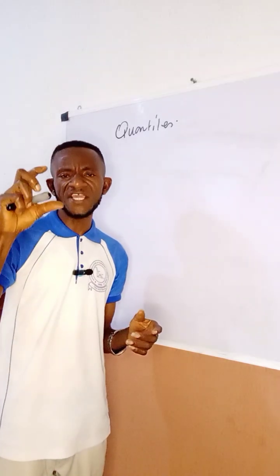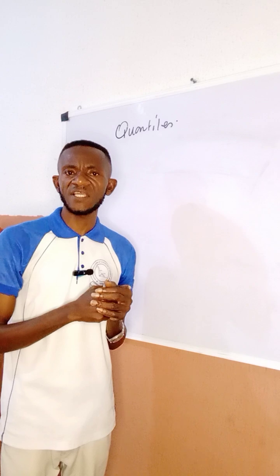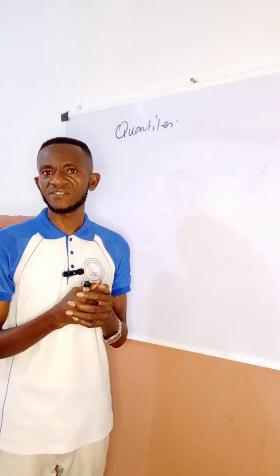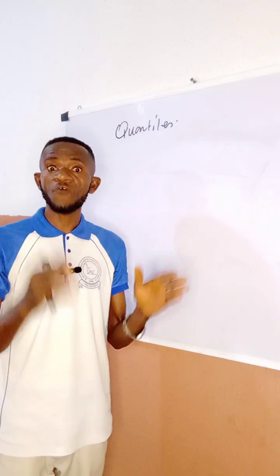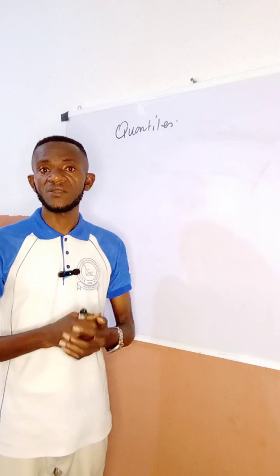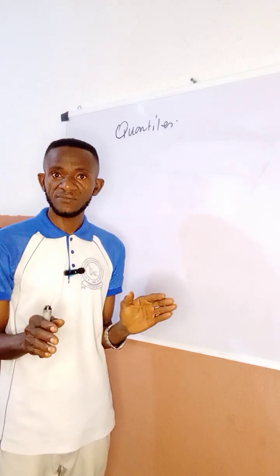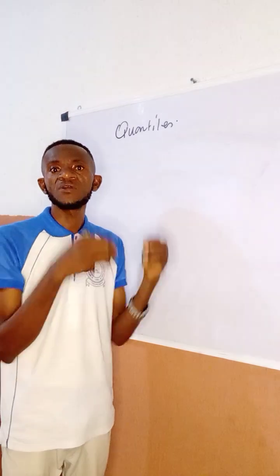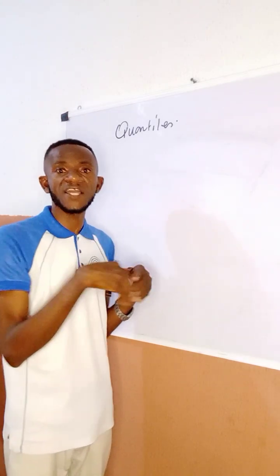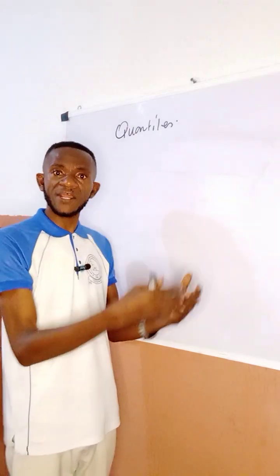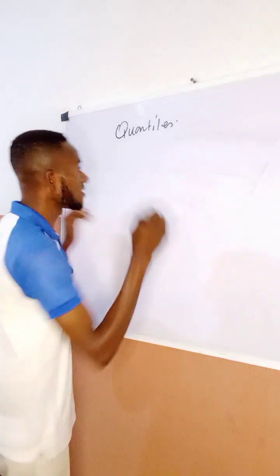So there are 2 ways of calculating the quartiles for an array of data or for an ungrouped frequency table. So we are going to talk about calculating the quartiles for an array of data and for an ungrouped frequency table.